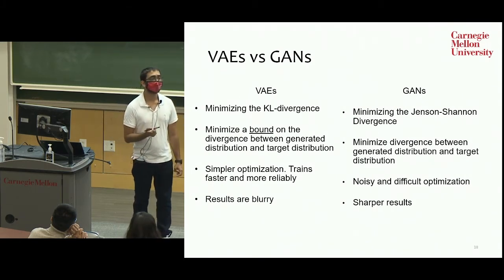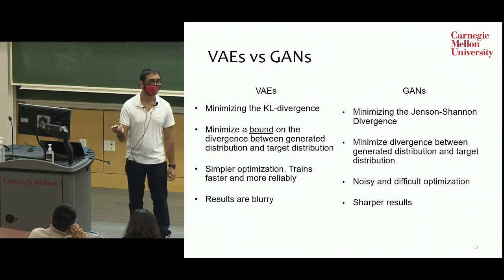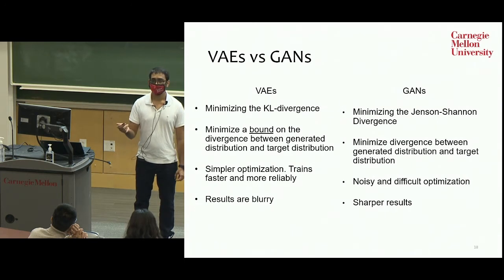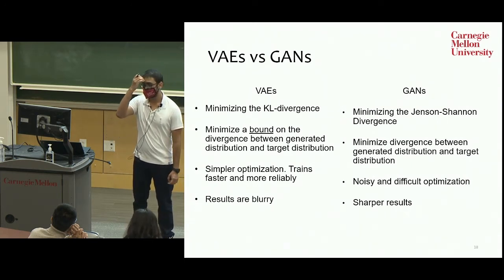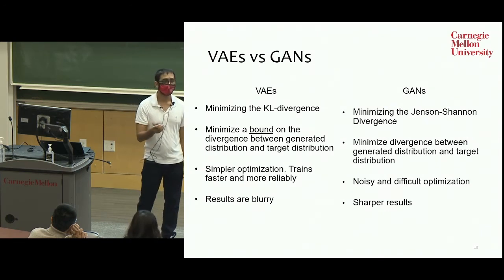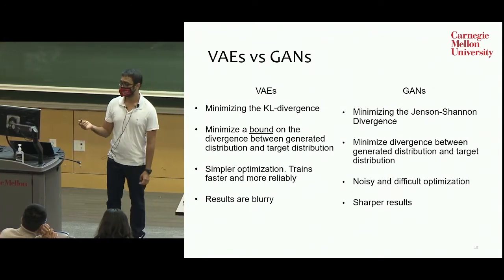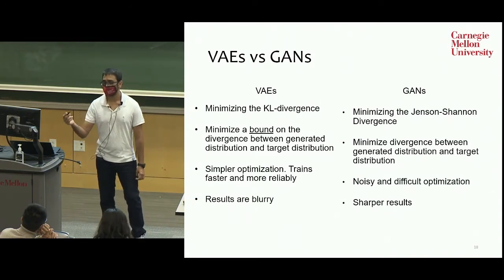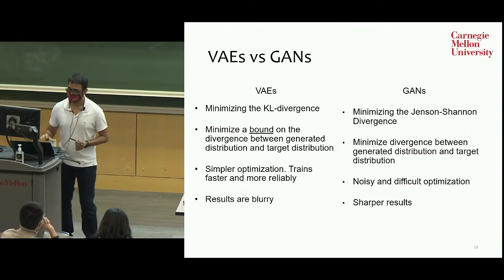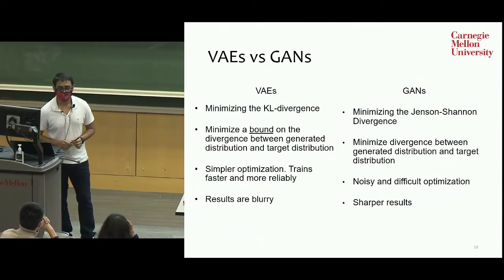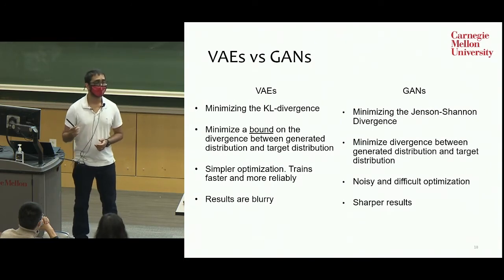But when you are trying to learn the actual distribution of the data set, as in GANs, you don't really know where the global minimum is. So this optimization is difficult. And that's why we come to the last point, that the results in VAEs are blurry.